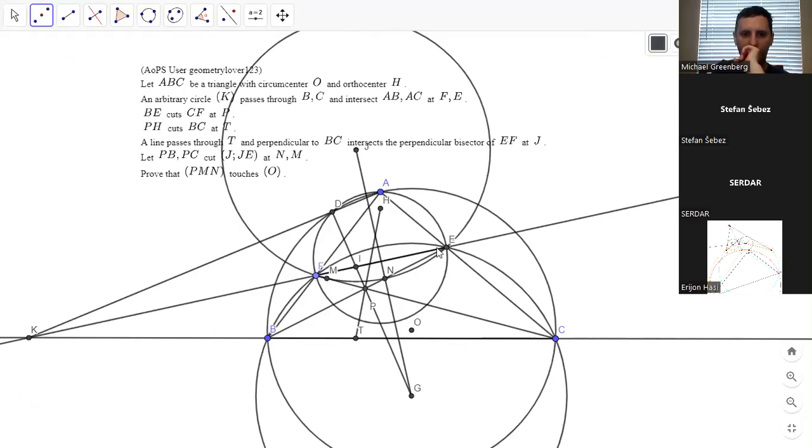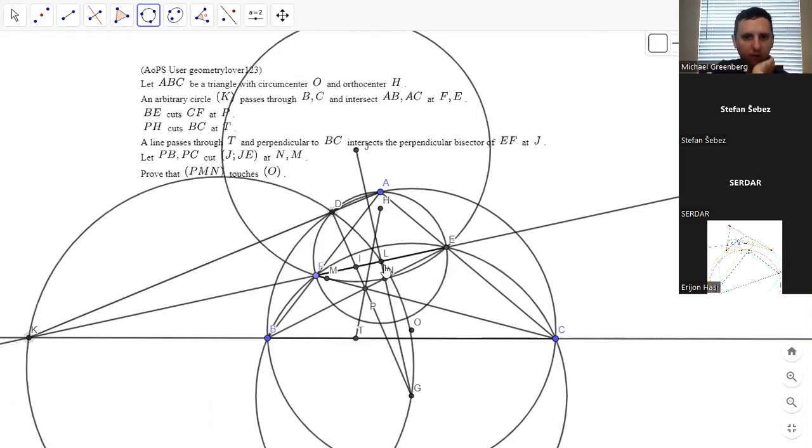We see that KDLG is cyclic. That is because of the 90-degree angles.